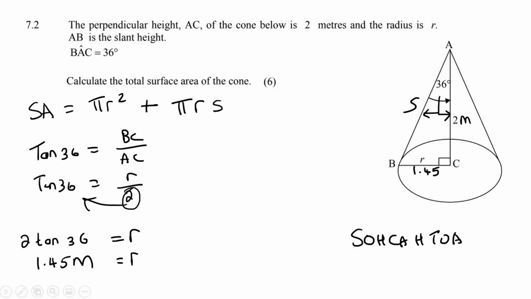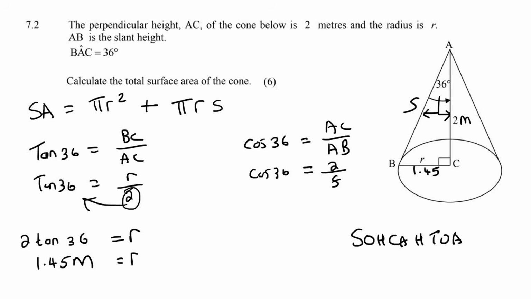So cos 36 is equal to adjacent, which is AC, over hypotenuse, which is AB, so that'll be equal to AC, which is 2, over AB, which is our slanted height.